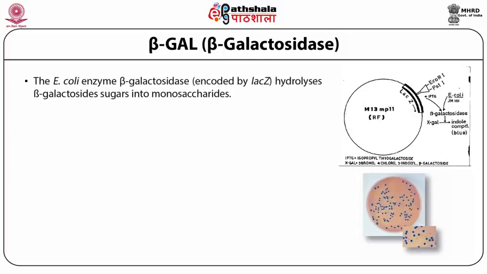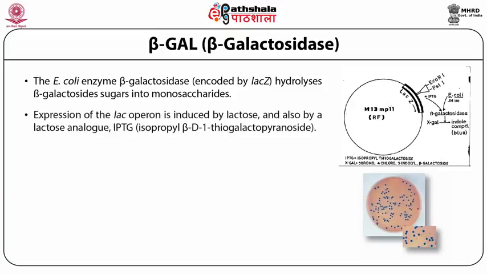Beta-galactosidase, this enzyme, is encoded by lacZ, which hydrolyzes, as I already mentioned, beta-galactoside sugars into monosaccharides. Expression of the lac operon is induced by lactose, and also by lactose analogs like IPTG, isopropyl beta-D-1-thiogalactopyranoside.